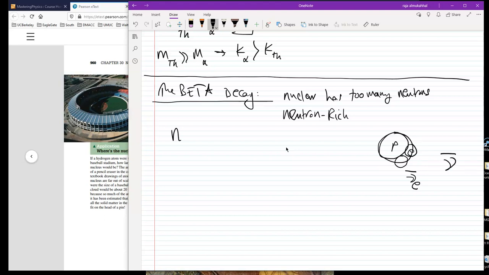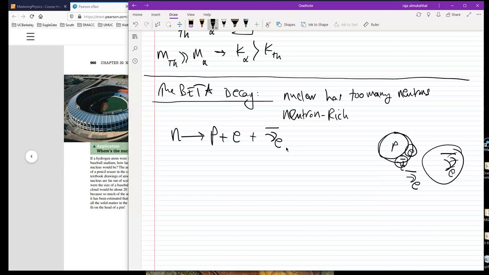The bar means antimatter, and it is the antineutrino for the electron. But anyway, it really doesn't matter. Now, the antineutrino really has roughly 0 mass, so we can ignore it. So for practical purposes, a neutron is made out of a proton plus an electron. We'll add that just for the sake of completeness, but we're not worrying too much about it.